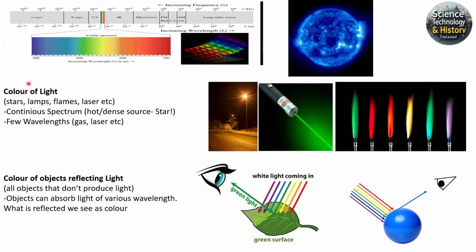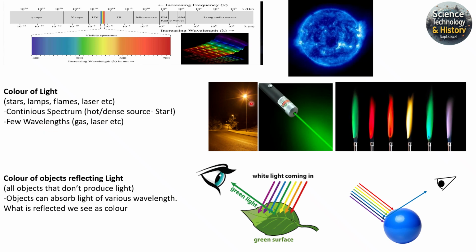So for example, an item that emits light, like a star or lamp or flames or a laser, either provides a continuous spectrum of light, and this is typically if the element is hot and dense. A source like a star would send multiple wavelengths across the electromagnetic spectrum. But if it is something not dense, like a gas in a flame or a laser pointer, then it sends only a few wavelengths.